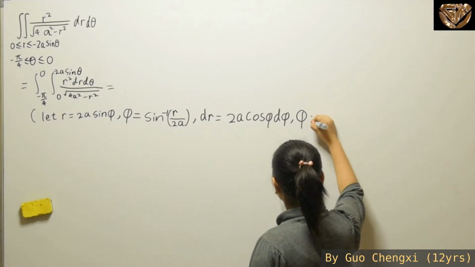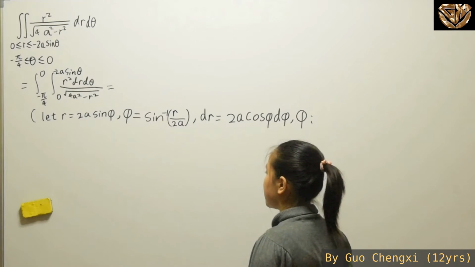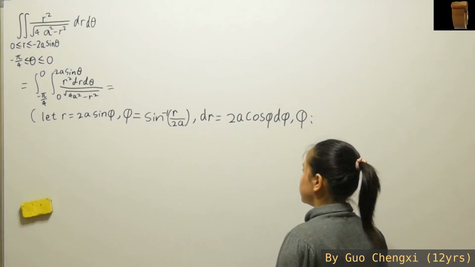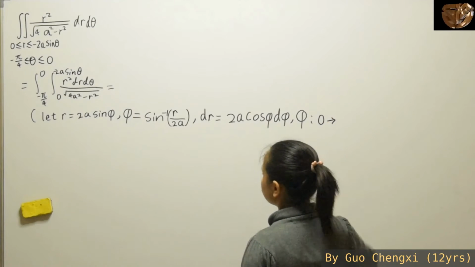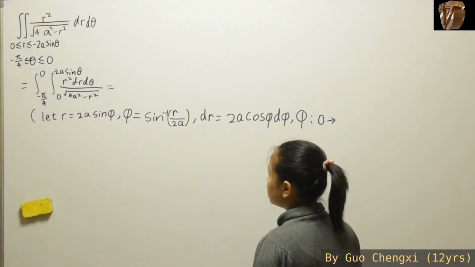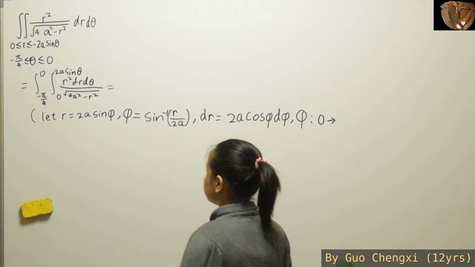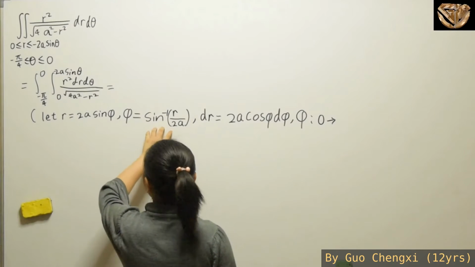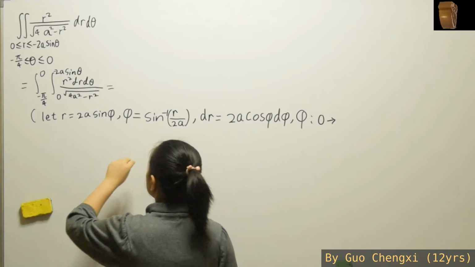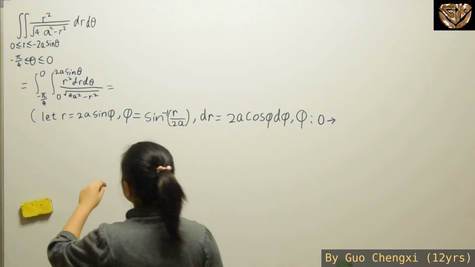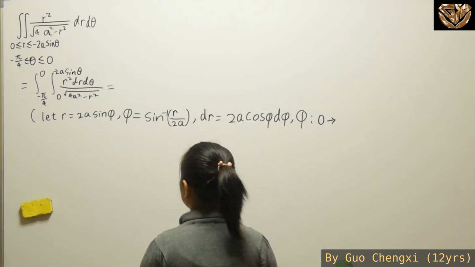And now we can find the boundary for phi. If you substitute 0 inside, inverse sine 0 will still be 0. If you substitute the negative 2a sine theta into 2a sine phi, the 2a will simplify, and the sine and the inverse sine can technically cancel each other out.